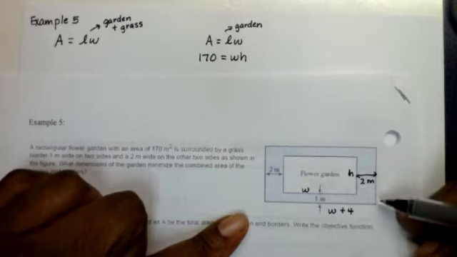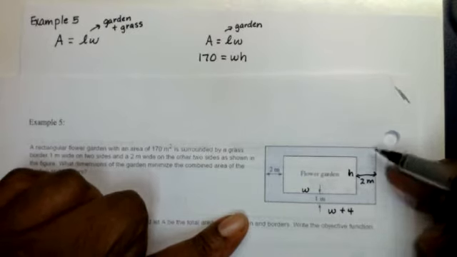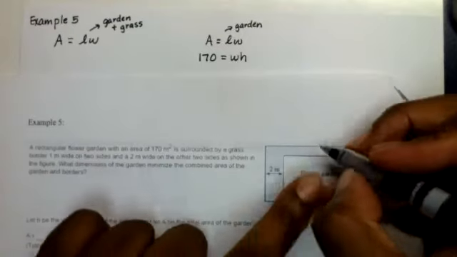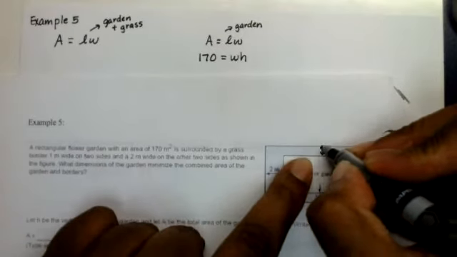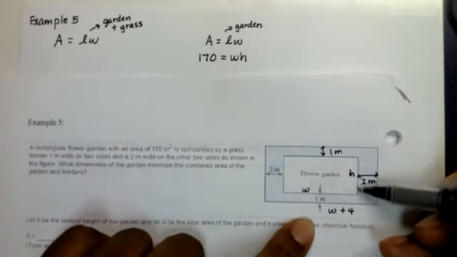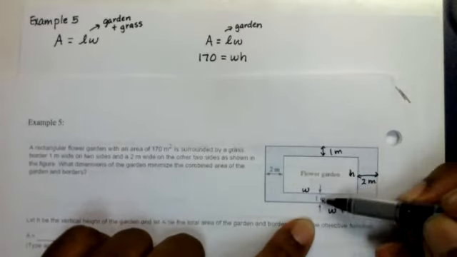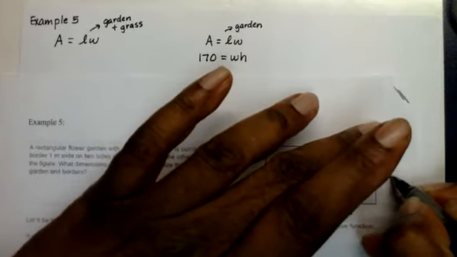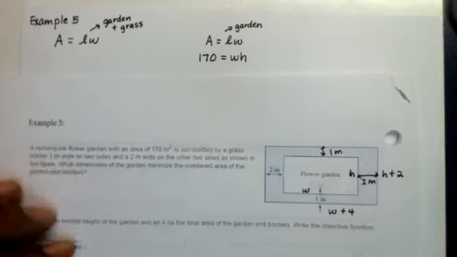Now let's find the length of this side right here, which is a height. Okay, 1 meter here, that means from here to here, that's also 1 meter. And if this is the height going in this direction, 1 plus 1 plus the height, which is H, that's going to be H plus 2.